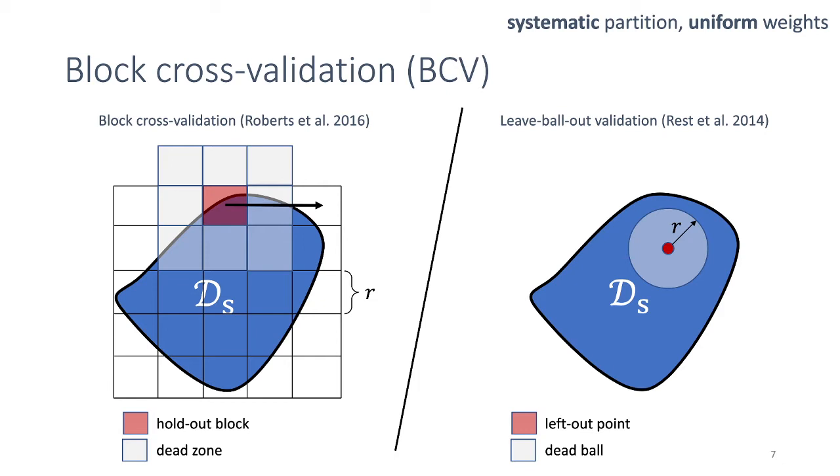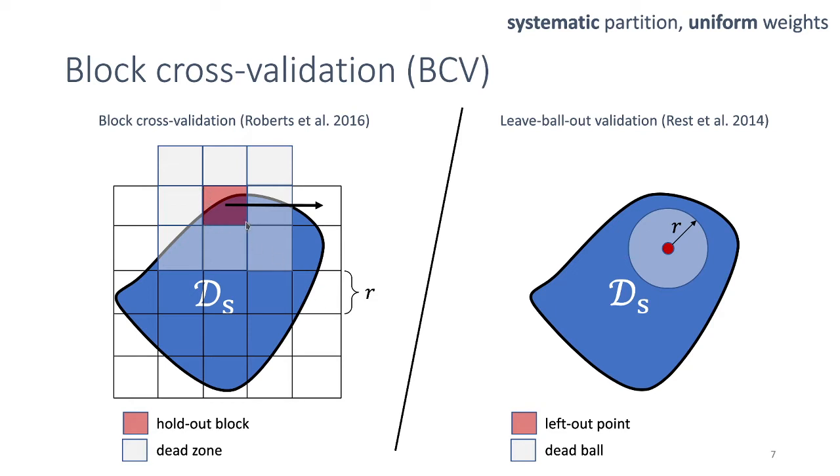Using that fact, the literature proposed different methods, such as block cross-validation and leave ball out, where the partition is not random anymore, but systematic. You create folds with a given size, for example, a size equal to the correlation length of this spatial process, and then you move this box over this domain to estimate the error.